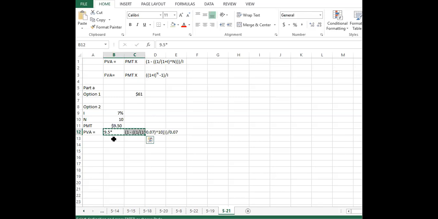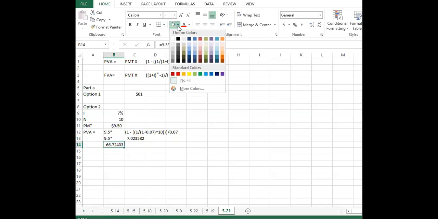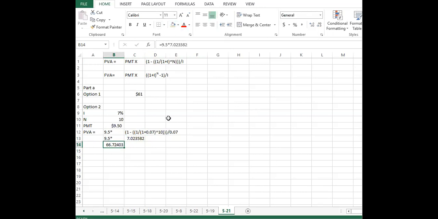In the next step, we calculate factor, which is 7.02, and then the last step 0.95, that is payment. Now multiply by 7.023582. Okay, so it is the present value of option 2. Here is the present value of option A.